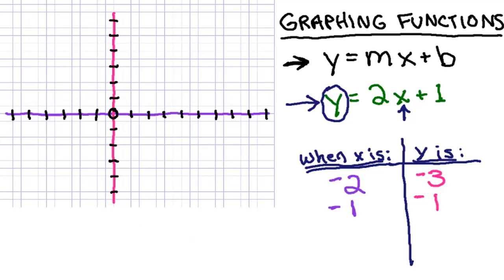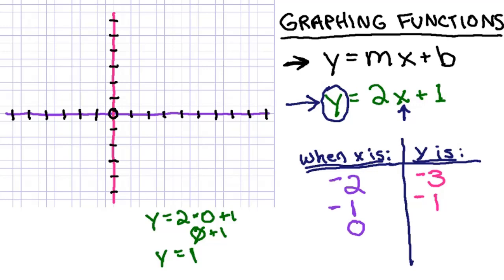Now let's do another one. We went -2 and then -1, so let's go up one more, to when x is 0. What is y? y equals 2 times 0 plus 1. 2 times 0 is 0, plus 1, so that makes y a +1.